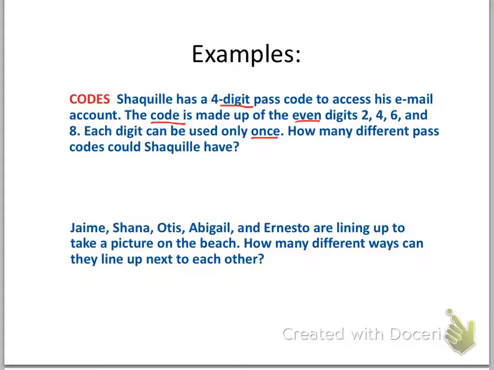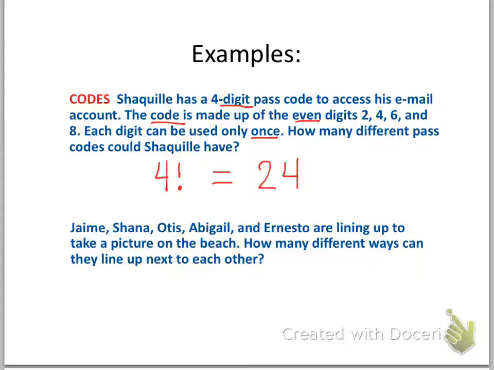The password 2468 is different than the password 8462. Okay, so we have 4 possibilities. So the answer is 4 factorial, which gives us 24 possible codes using those 4 digits in any order.